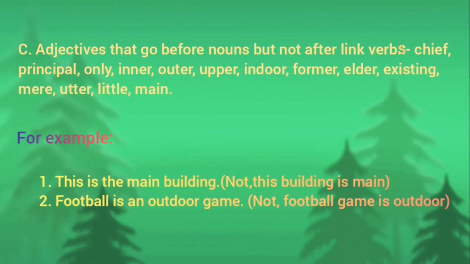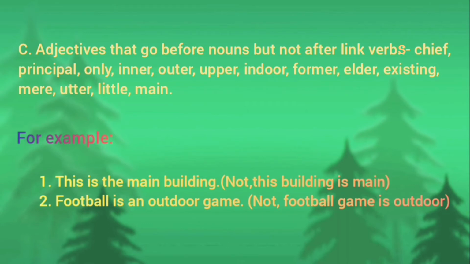Adjectives that go before nouns but not after link verbs. We can't use these adjectives in the predicate phrase. So remember the adjectives: cheap, principal, only, inner, outer, upper, indoor, former, elder, existing, mere, utter, little, main.